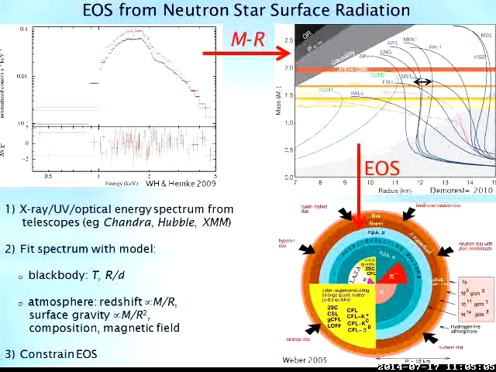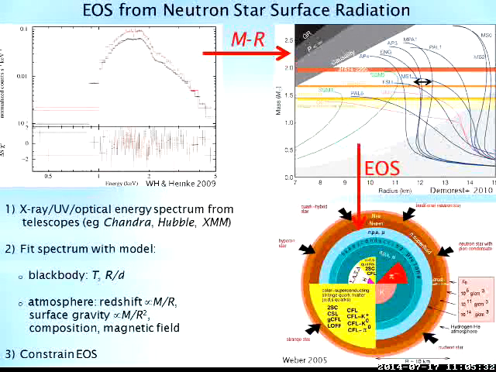But if you put a hot object out into space, it's going to emit roughly as a black body, so it depends on the temperature. And how bright it is will depend on how big it is, the radius, and its distance. The further away it is, the dimmer it is. So it's obvious that fitting the spectrum should depend on these parameters.